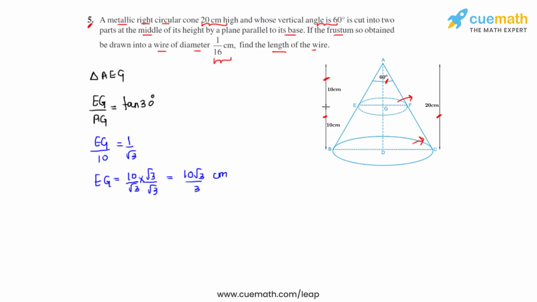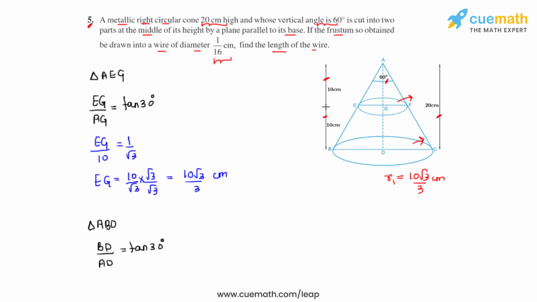So what we have found out now is the radius of the upper circular end of the frustum, which equals 10 root 3 divided by 3 centimeters. In a similar manner, we have to find the radius of the lower circular end. For that we will focus on the triangle ABD now, and we'll take the ratio of the sides BD and AD, which equals the trigonometric ratio tan 30 degrees.